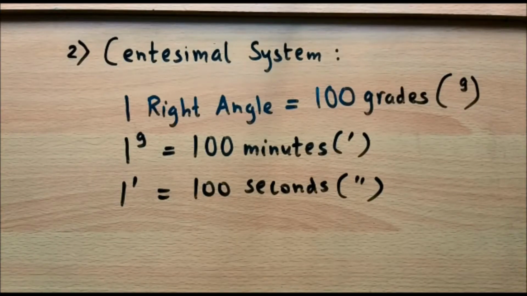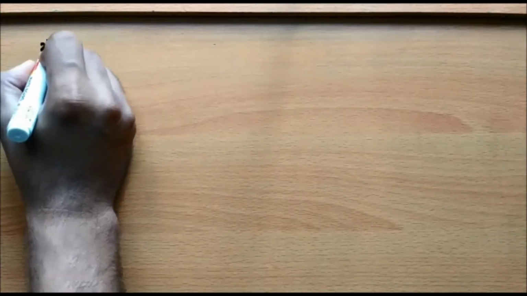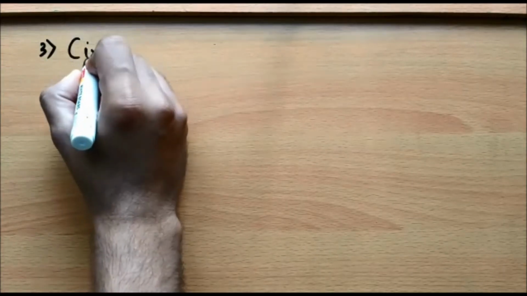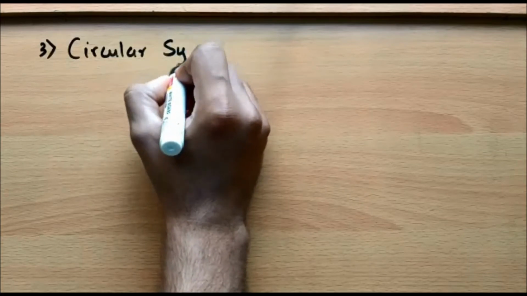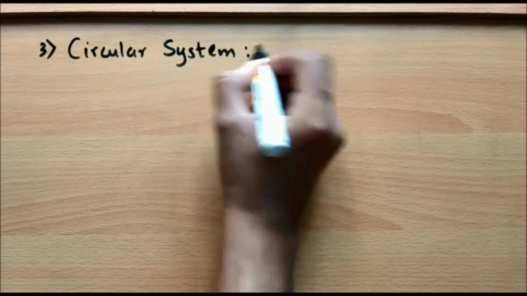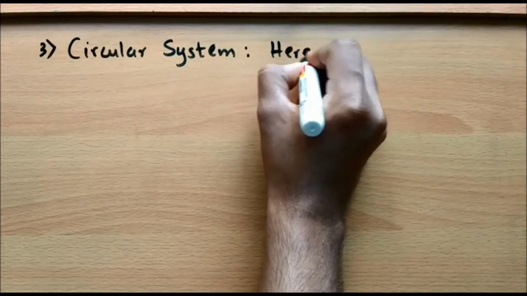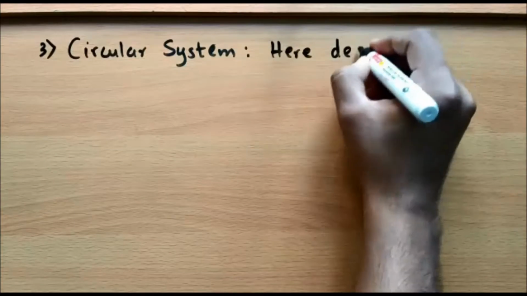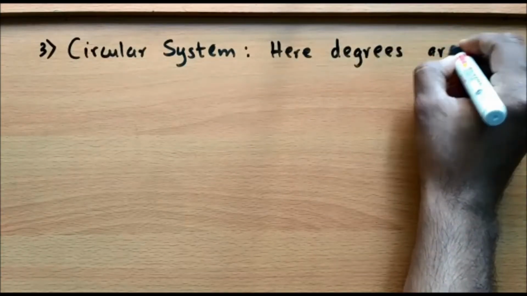Let's move to the next one now, the third one. So finally we arrive at the third system. And what is that third system? The circular system. Now this one is considered under the SI unit system as well. Here we express the angles in radians.